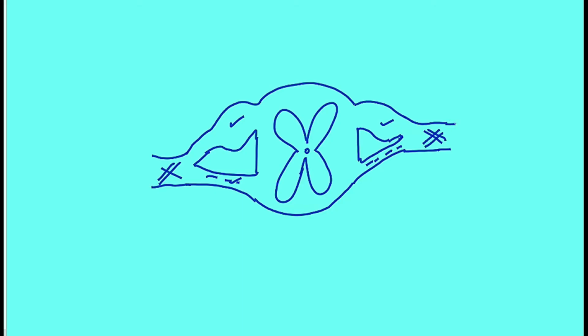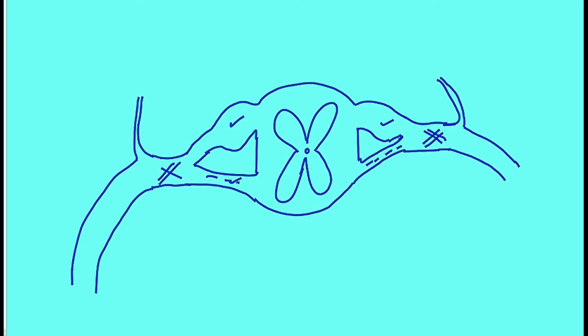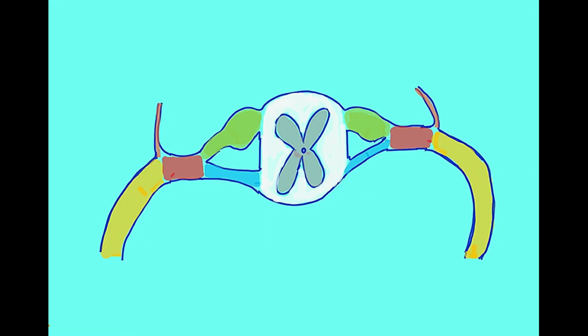The spinal nerve immediately divides into two: a minor ramus, that is the dorsal ramus, and a major ramus, that is the ventral ramus. This is the minor dorsal ramus, whose target area is very small, and this is the ventral ramus, whose target area is much larger.